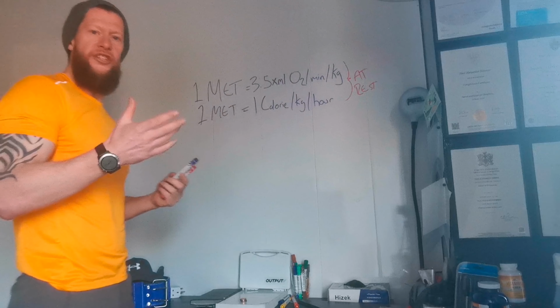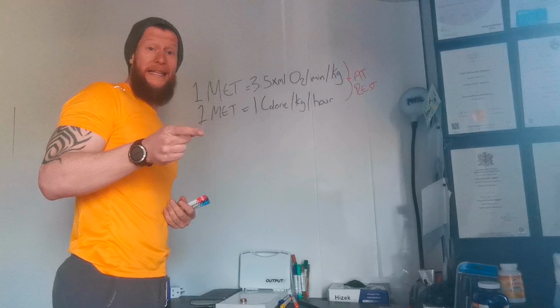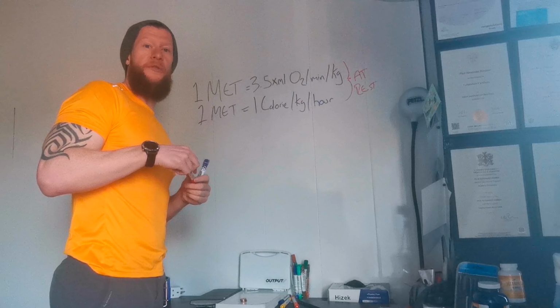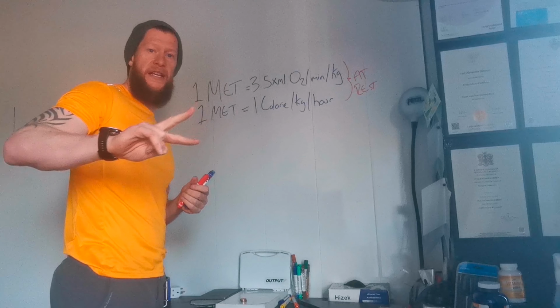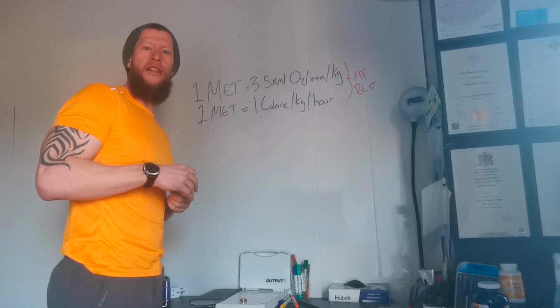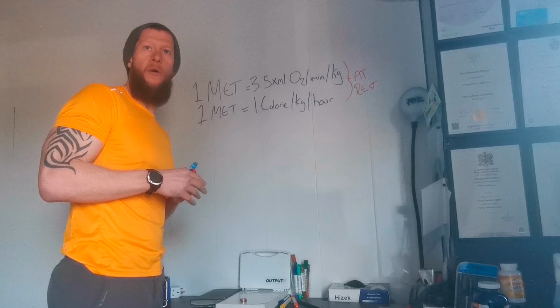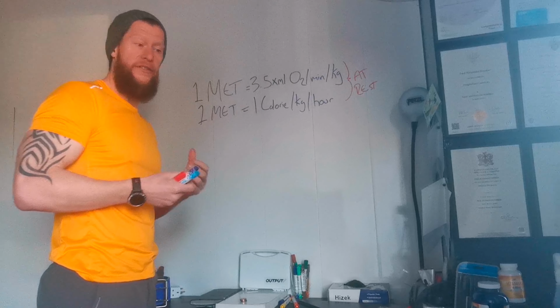So how can we use this? First and foremost, I've also put a link in the description to a spreadsheet that I've created, which will allow you to use this information to do 2 things. It will allow you to estimate your total calorie demands per hour of specific intensity exercises or specific efforts.